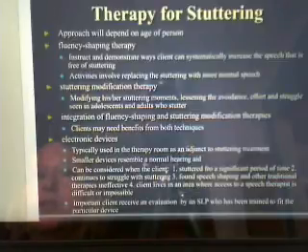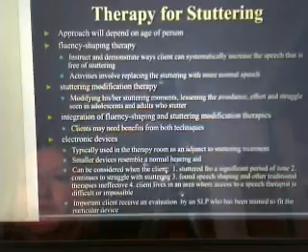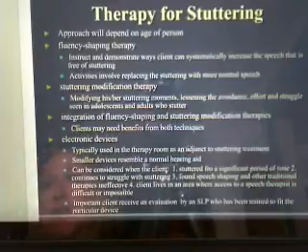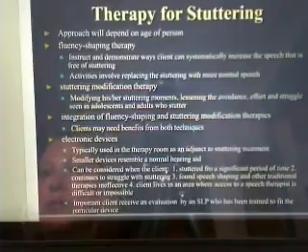Stuttering modification is using specific strategies to modify the stuttering moments. When an individual is able to learn some of these therapy strategies to alter what's happening with their speech, they feel like they have a little bit more control over their stuttering disorder.